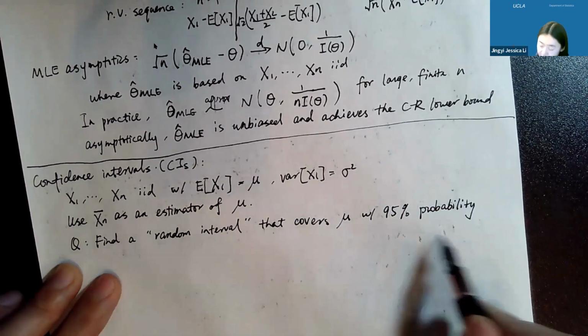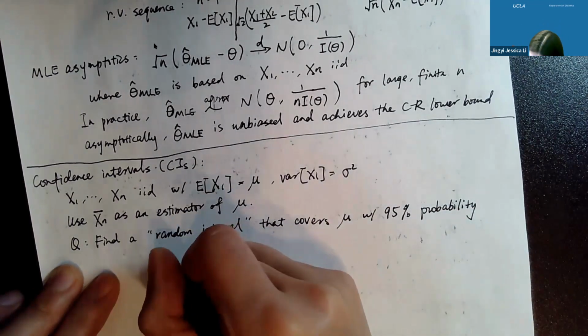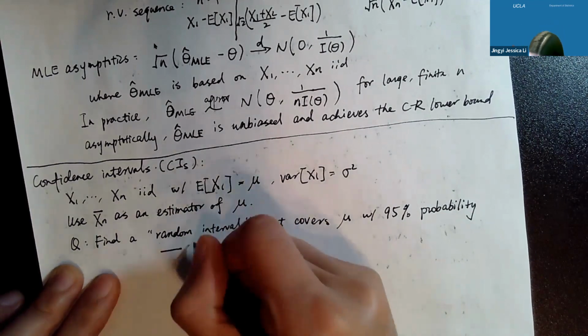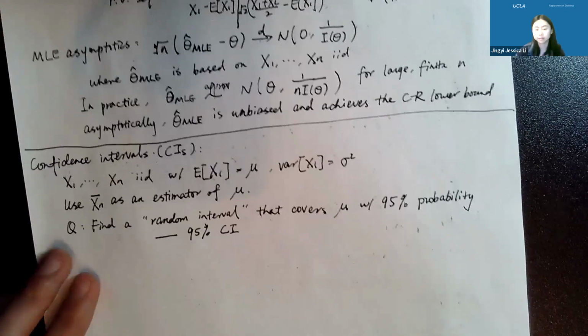This is the formal definition of a confidence interval. We call this interval the 95% confidence interval, CI.